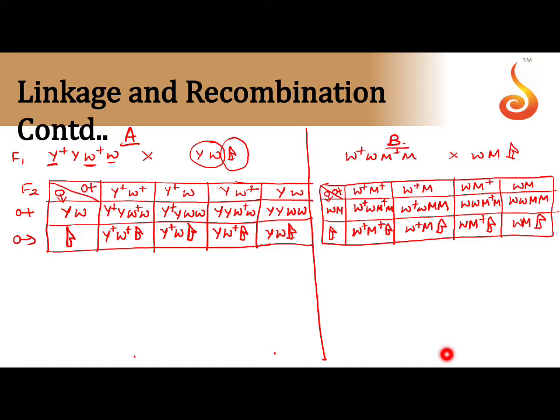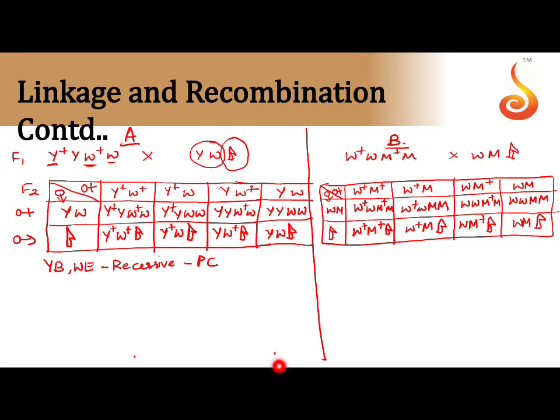Now, there is a very important fact to understand here, that in some forms you have parental characteristic. What were the parental characteristics if you ask me? You had yellow body with white eyes, which was the recessive parental characteristic, right? And you also had one more parental characteristic. So, let us write it as parental characteristic here.